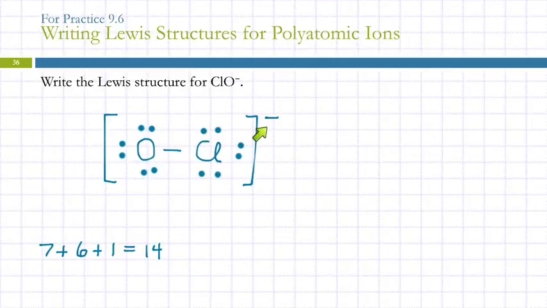Otherwise, if we're writing this for chlorine monoxide, this would be wrong, because there's too many electrons. So when there's a charge, we have to indicate it. That messed some people up on the last exam. This is not the same as ClO.